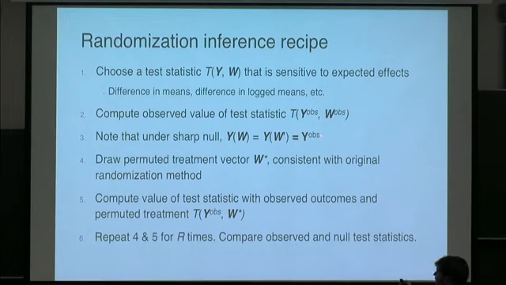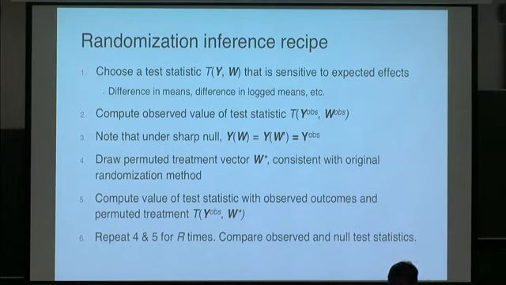So we can just think of our observed y as the y we would have observed under any treatment vector whatsoever. Then we can draw a permuted treatment vector consistent with our original randomization, and compute the value of the test statistic under that permutation. Notice that here we're able to evaluate the test statistic using our observed y because of this sharp null, right? And then we repeat this process a bunch of times to produce our permutation test.